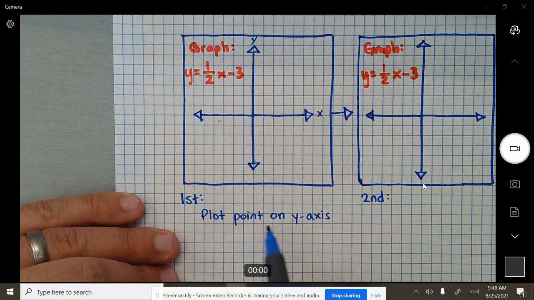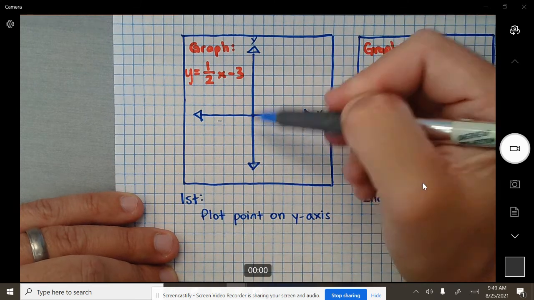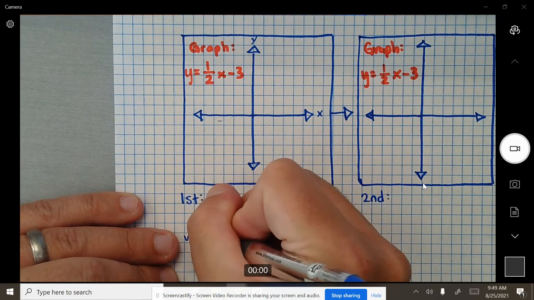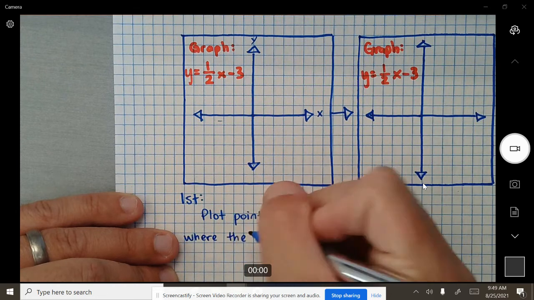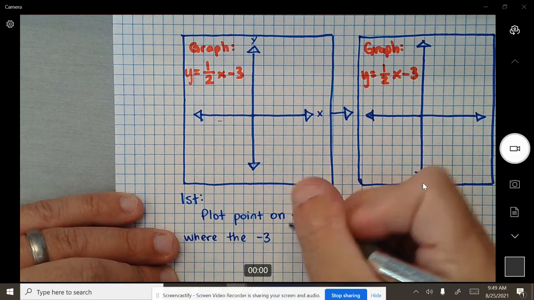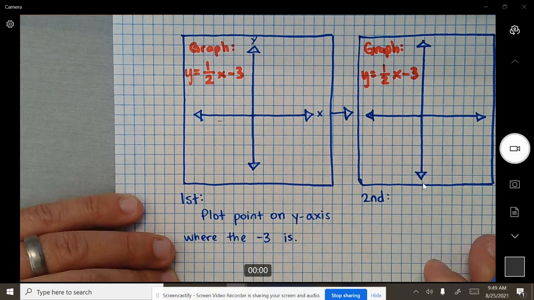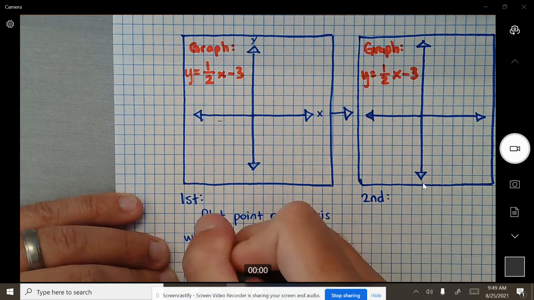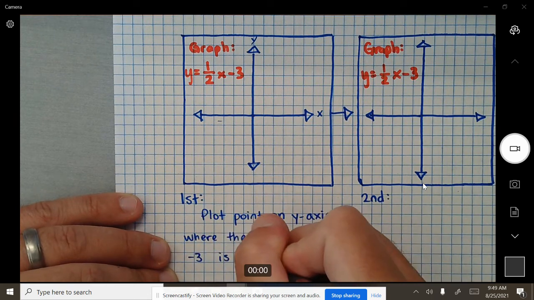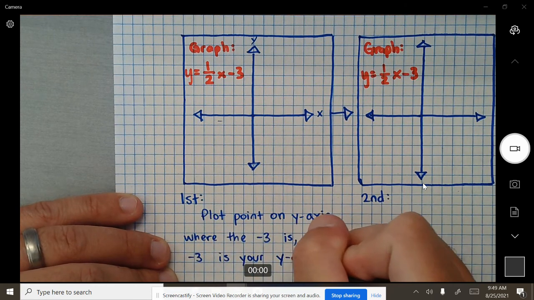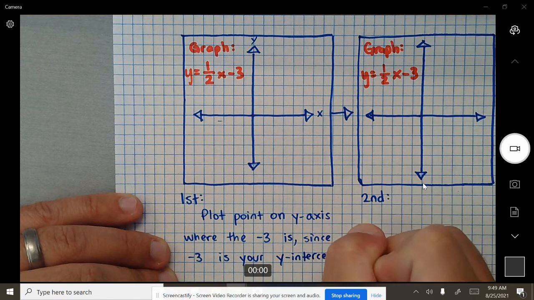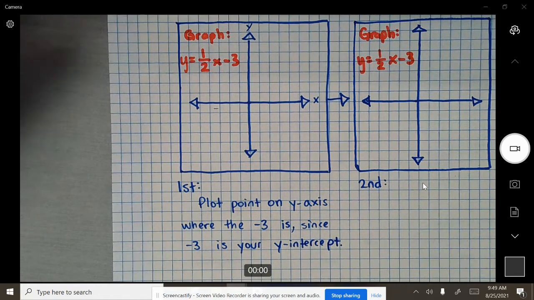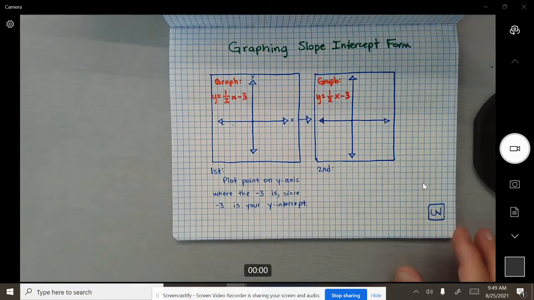So you know you're going to put a point on the y-axis where the -3 is, comma, since -3 is your y-intercept. Okay?